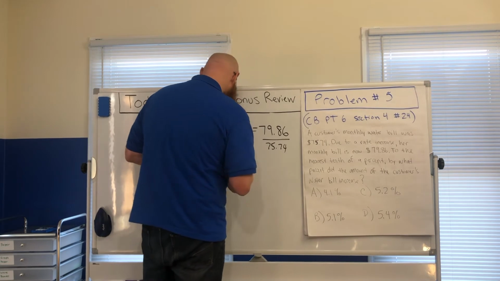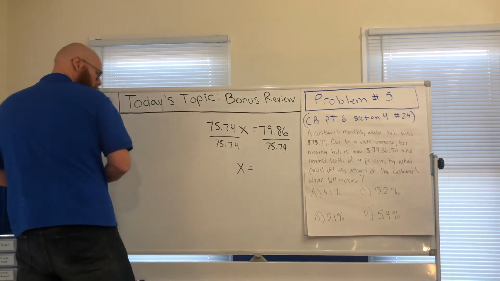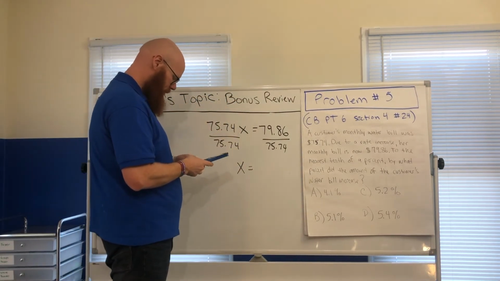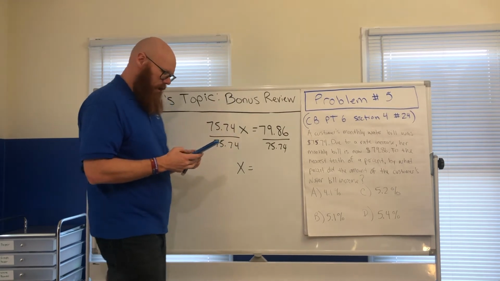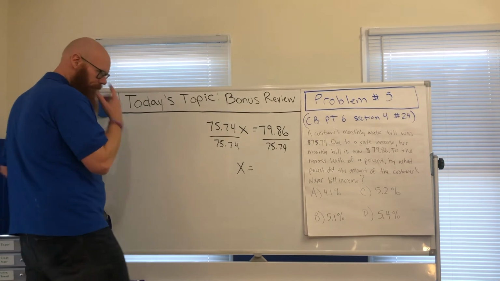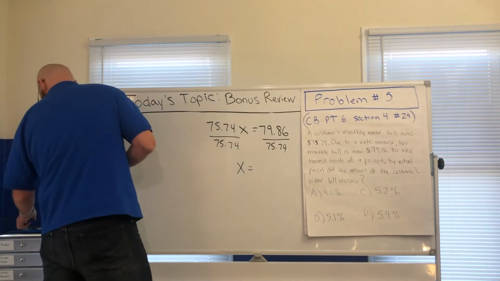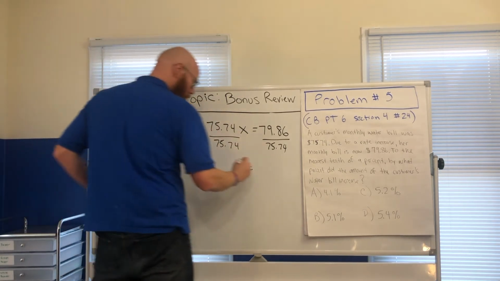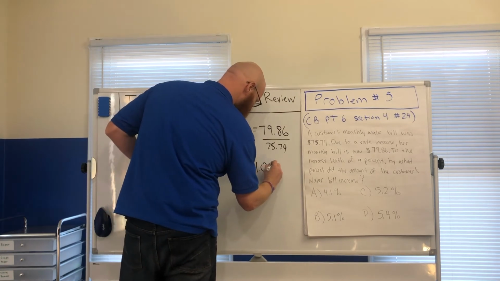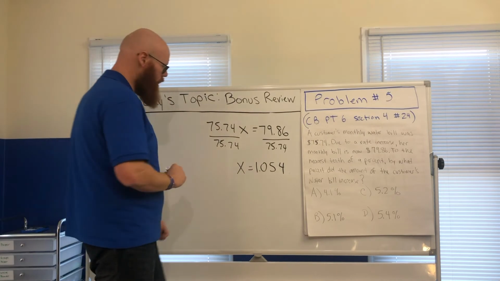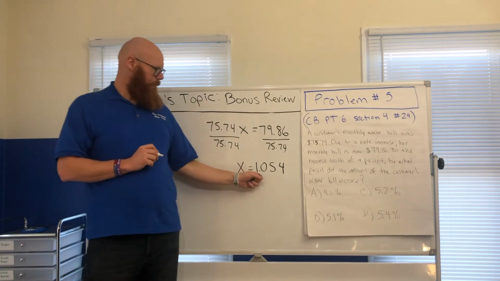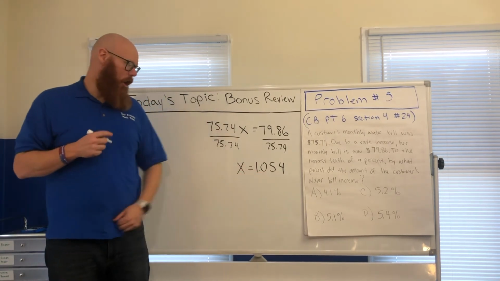So x is going to equal 79.86 divided by 75.74, which is 1.054. We need to keep going. Okay. And what this represents now is not actually our answer.